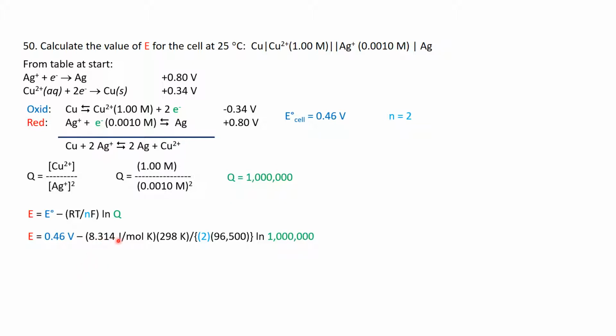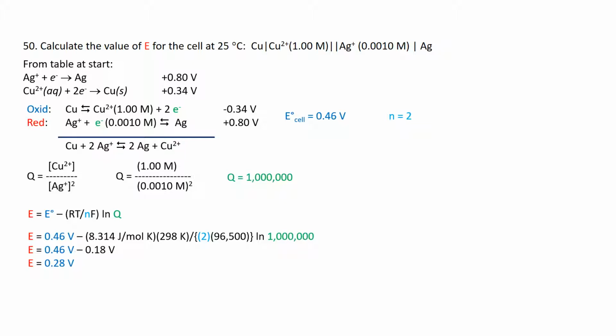R is 8.314 joules per mole Kelvin, times temperature, always assume 298 if not otherwise told. n, the number of moles of electrons associated with the equation, is 2, F is 96,485, times the natural log of 1,000,000. This whole thing boils down to 0.18, and so we have that the voltage here is 0.28 volts.